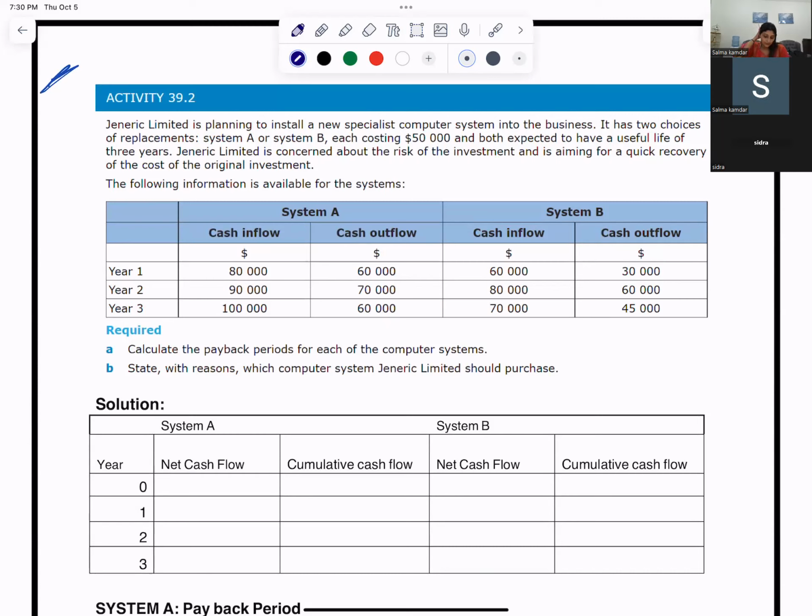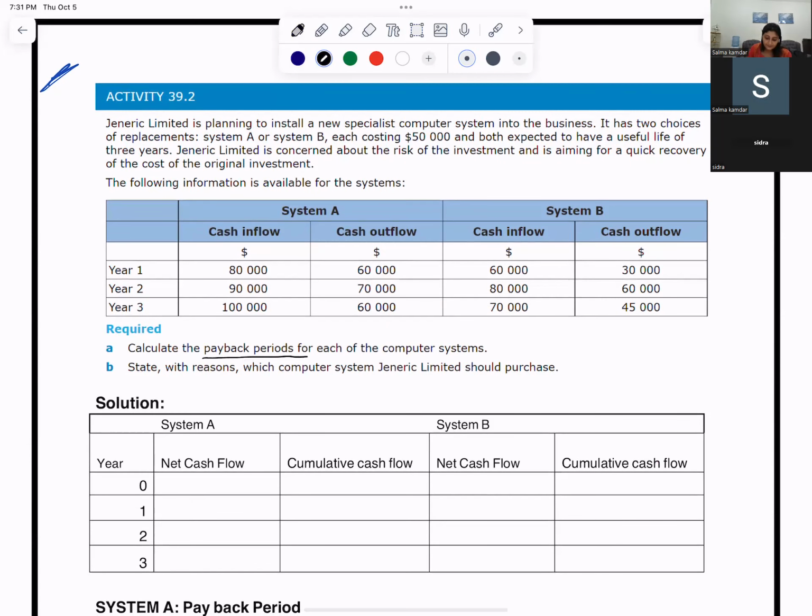You have two systems, system A and system B, and they have already given you a format in which you have to prepare it. What do they want you to calculate? The payback period for each computer system, and they want you to state with reasons which computer system you should purchase.